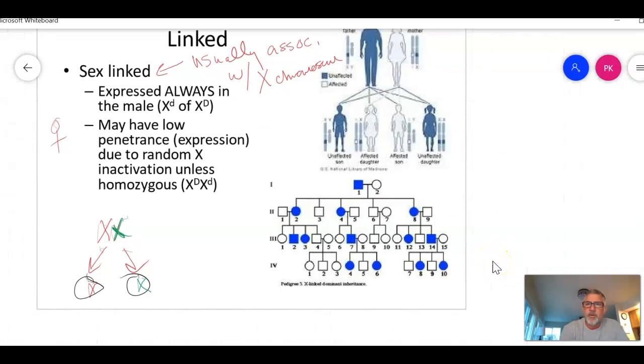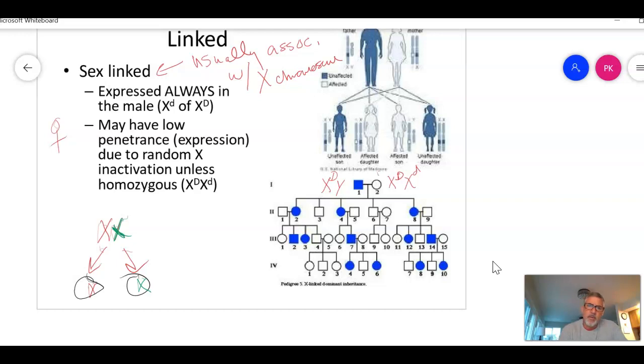Okay, so if we look at this pedigree for X-linked dominant inheritance, or even X-linked recessive, it doesn't matter. Well, this is X-linked dominant. So we know that this male is X with the disease, with a Y, and this female is XD.